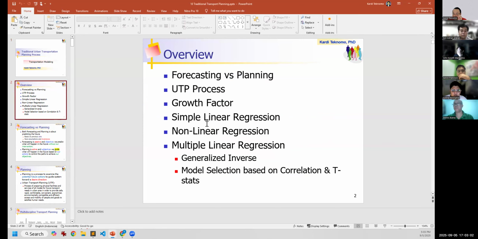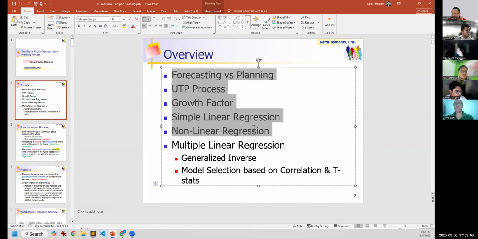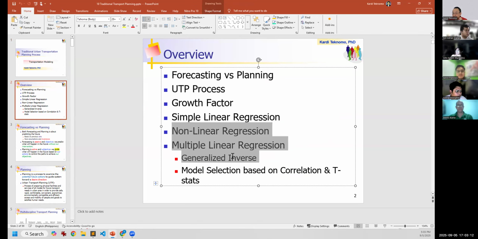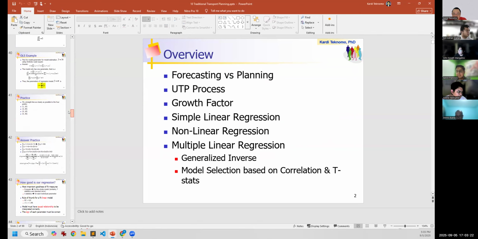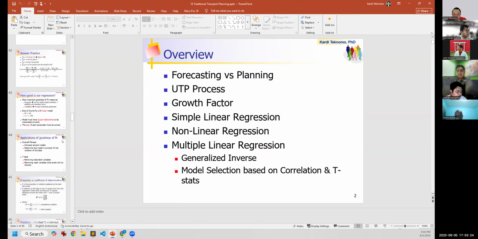We have done all of this, right? No, until here probably. Today we'll discuss this part, about the linear regression, which in general is inverse, and nonlinear regression.